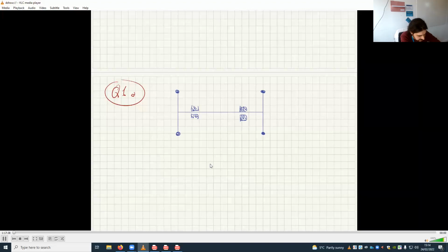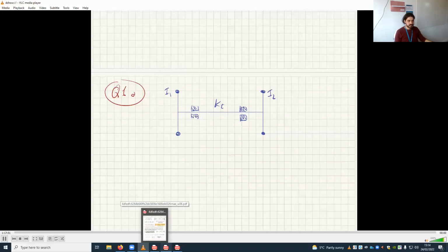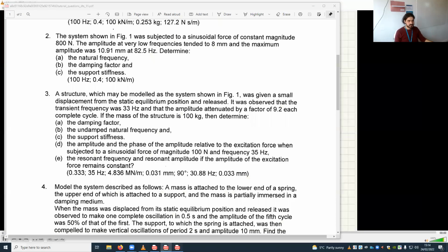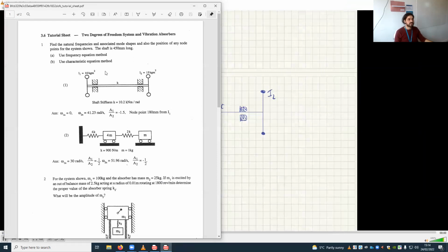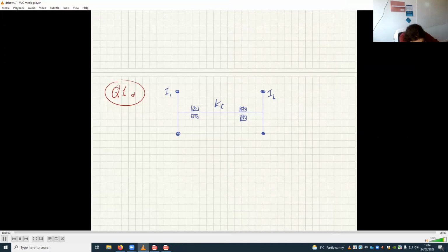Torsional spring is KT. And we have a certain I1 and I2. And these are the mass moments of inertia of the 2 rotors. So I1 is 10. I2 is 15.